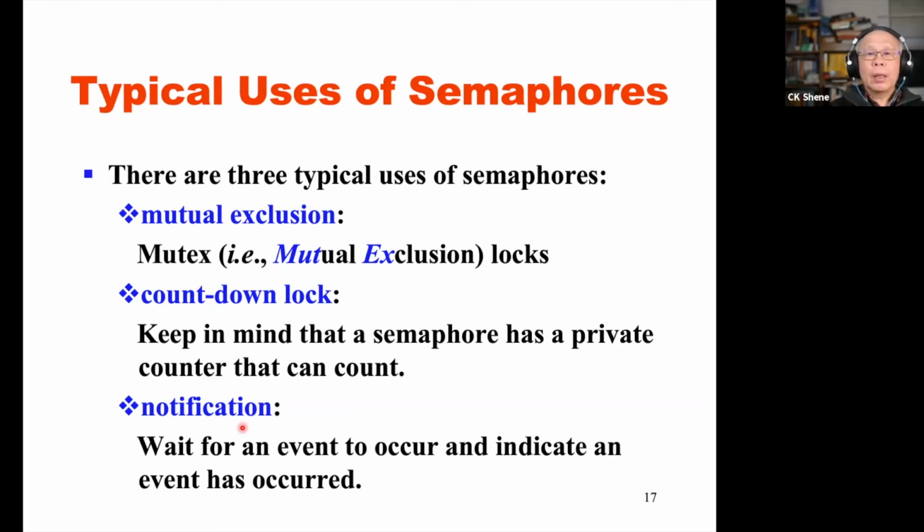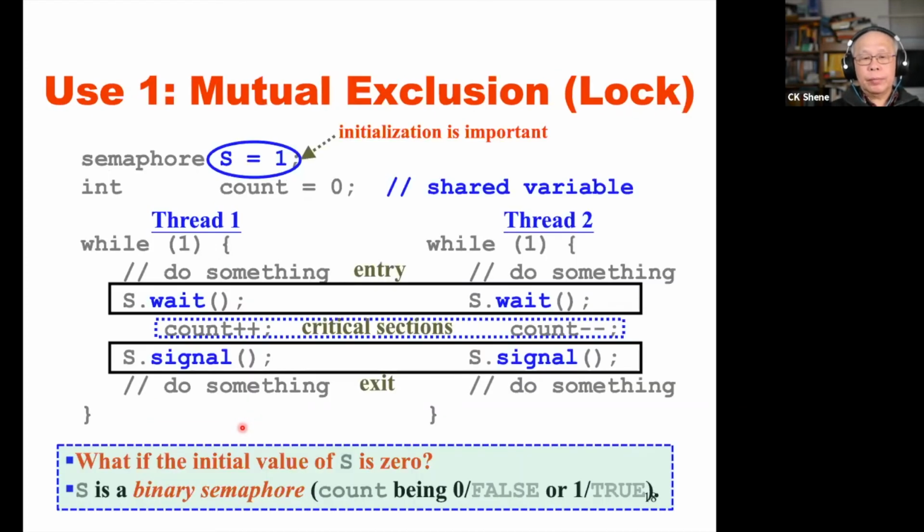When I have to wait for your delivery of something, when you are done, you notify me, and then I continue. So this is notification. So let's take a look at an example, one for each of three categories.